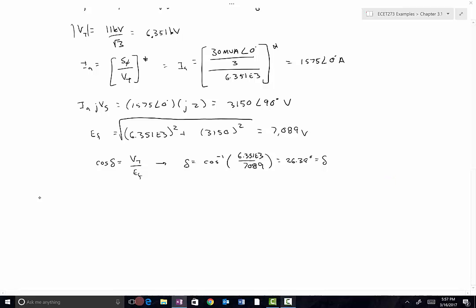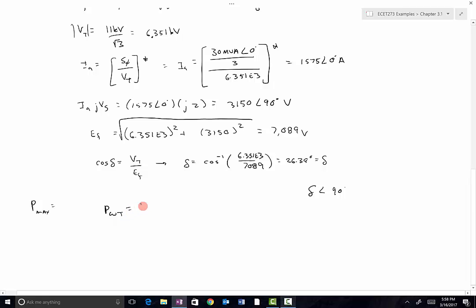And next what we want to know is P_max. There is a rule about generators is that delta can't go above 90 degrees. Delta has to be below 90 degrees, and so the P_max occurs in a formula, and that formula was basically a manipulation of the output power formula, P_out.